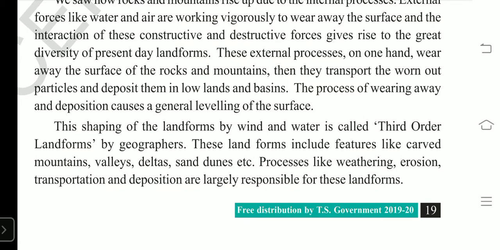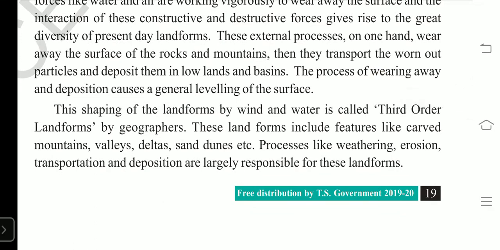In that way, the mountains and plateaus and also plains, which are already in a particular shape, will change in their size by the blowing wind and flowing water.